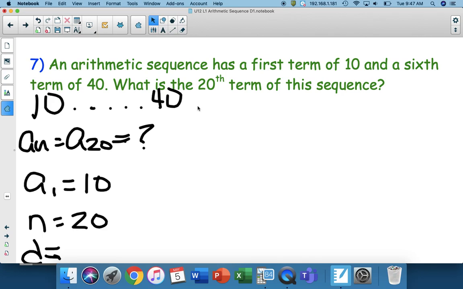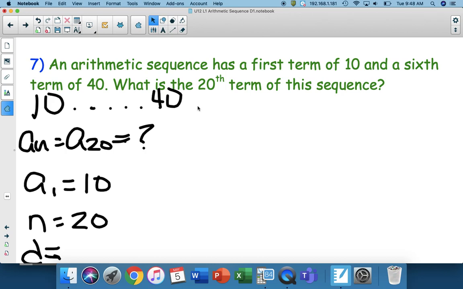So what you have to use here, and I don't want to hear any groans, because I can hear them through the computer, is the slope formula. I know that's a little annoying, but it is what it is. No big deal. But we do have to use the slope formula.